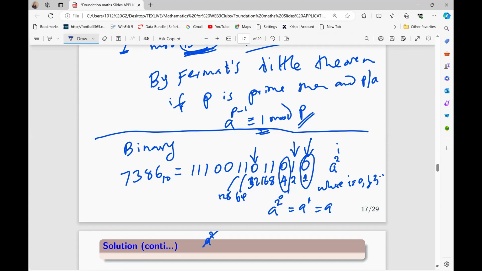So let me write it here. a raised to 2 raised to 1 will be used. Then a raised to 2 raised to 2, this is 0, 1, 2, will not be used. Then the third one will be used when i is 3. Is that okay?